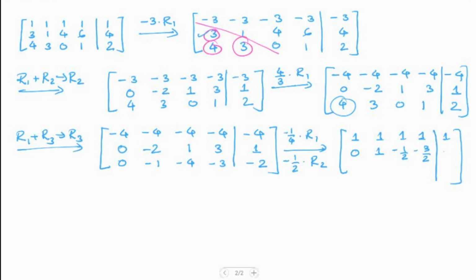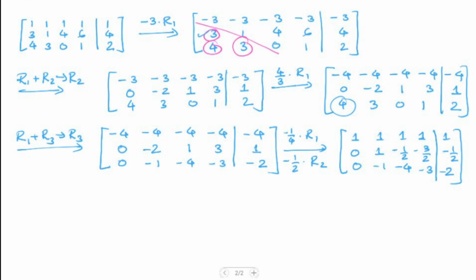And here we have 1 times minus 1/2 is minus 1/2. And then what we do is we write the row 3 as it is, which is 0, minus 1, minus 4, minus 3, and minus 2.